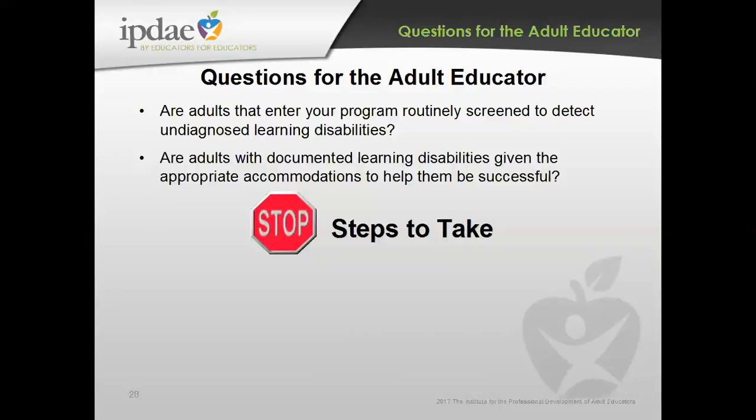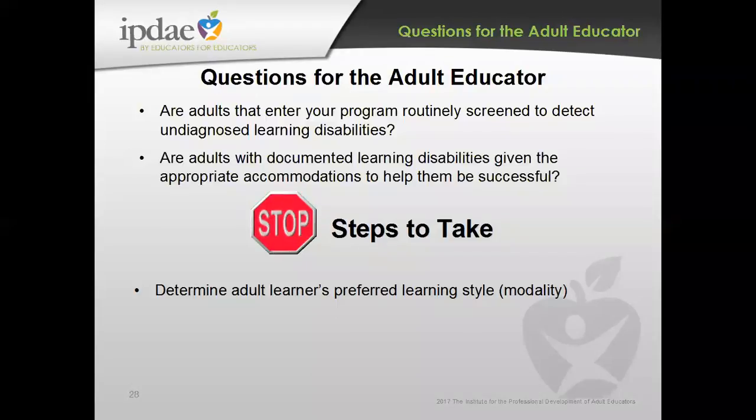Okay, so what steps should we take? The first thing that I think is very important is to determine that adult's preferred learning style. So if I ask you the question, if you don't know how your students learn, how do you teach them? They come in, we know some biographical information about them, but do we know how they learn?